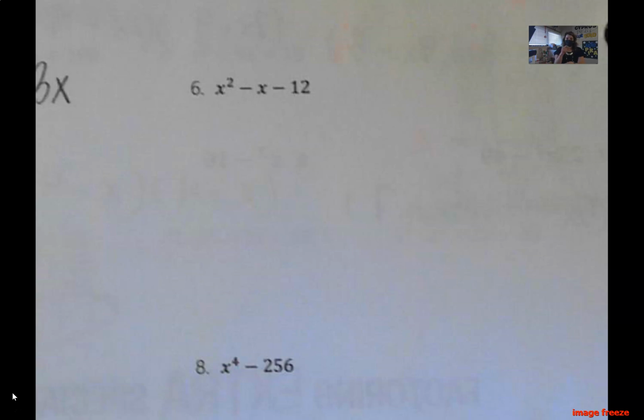Check for your GCF. If there's not one, then see if it factors. You got about 30.